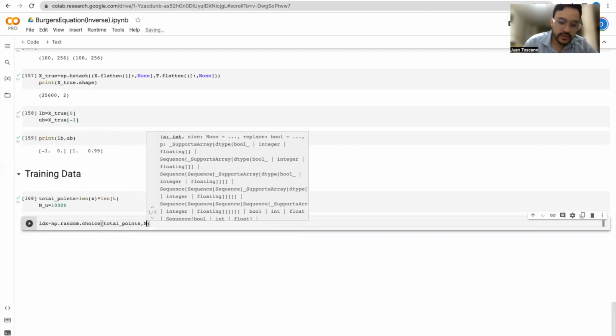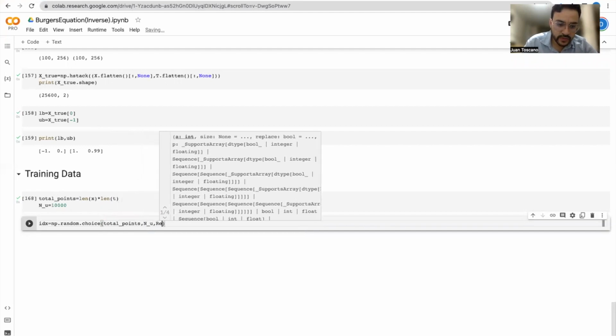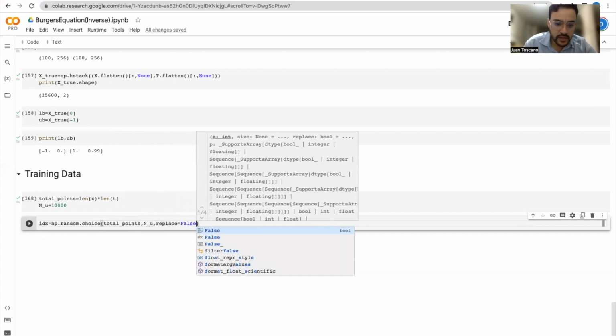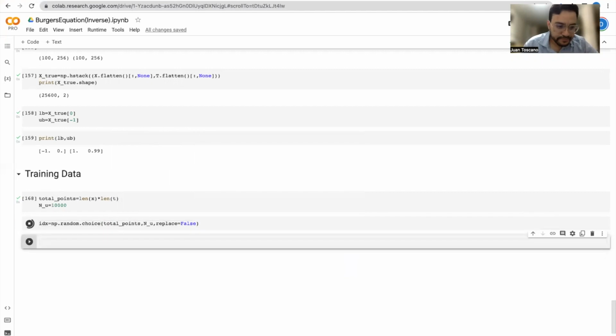We want to select NU points and we don't want to replace them, so replace equals False. So we're good. Now let's create a new array that contains only these random points. To do that, we will say X_train, to give the same names, X_train_Nu equals X2 of our index.